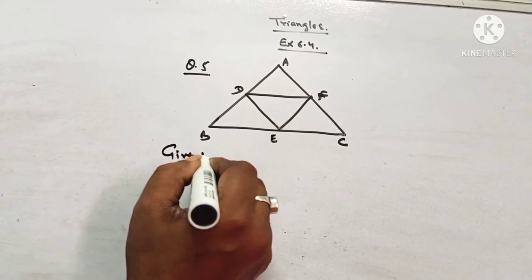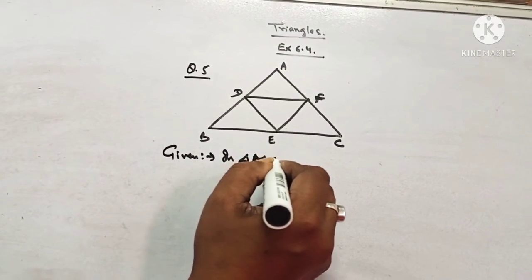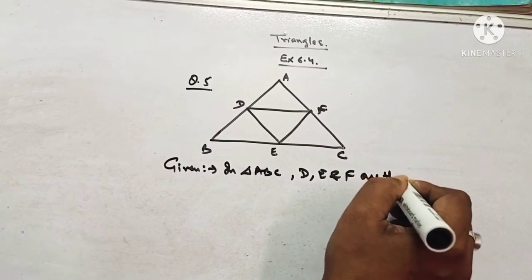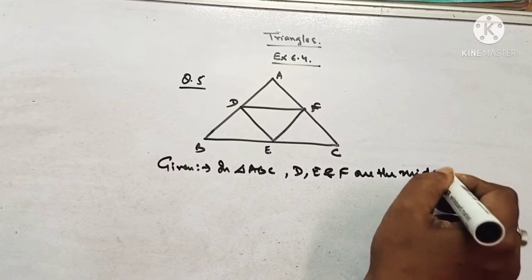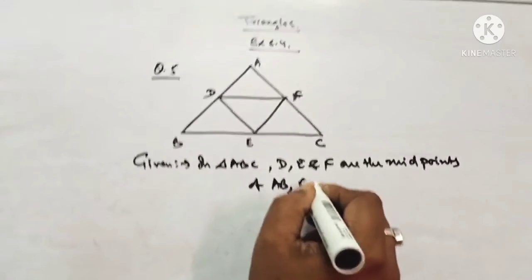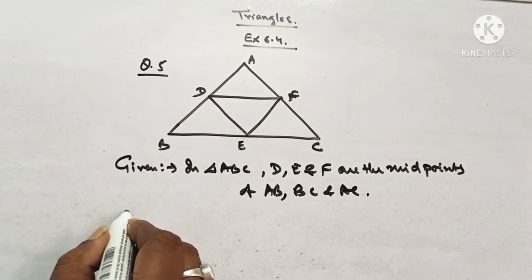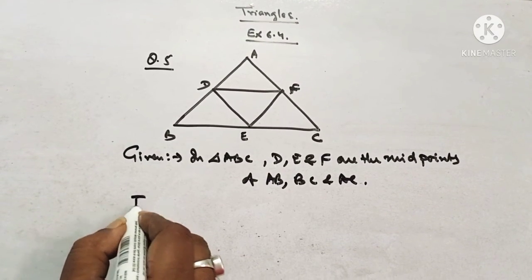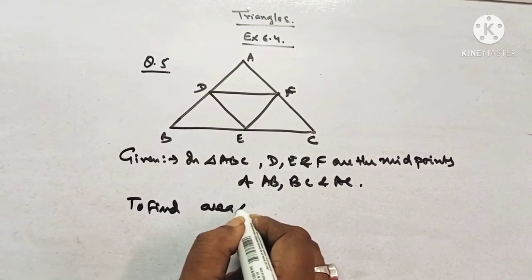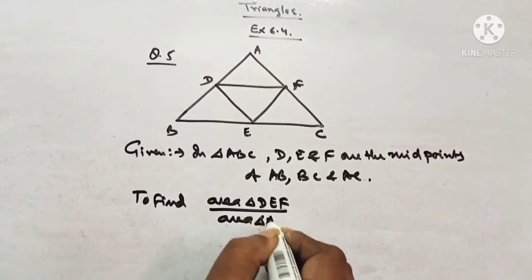It is given that in triangle ABC, D, E and F are the midpoints of AB, BC and AC. To find the ratio of area of triangle DEF by area of triangle ABC.